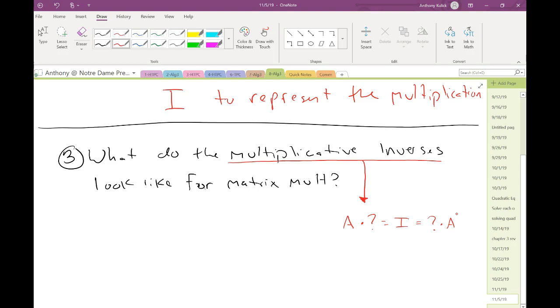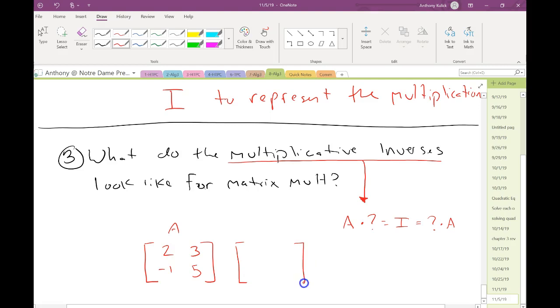Here it's not so obvious, right? So say we have this will be, say, our matrix A. Need to multiply it by something to get this. Actually, I want to change that. Pardon me.